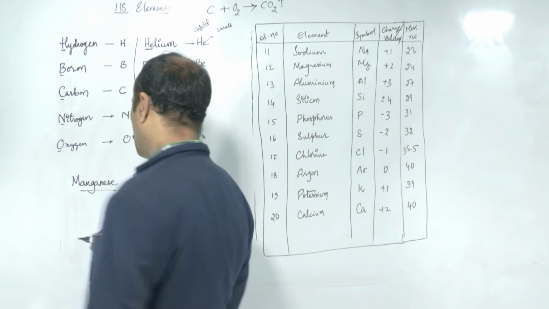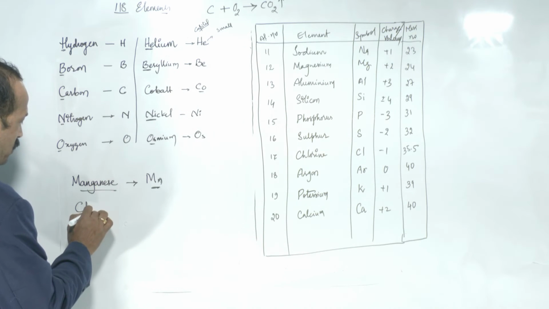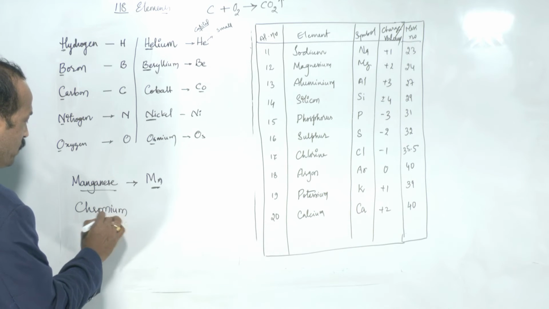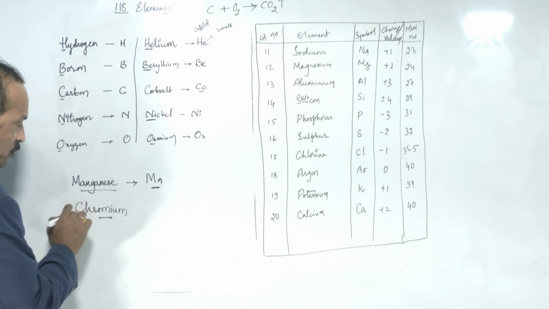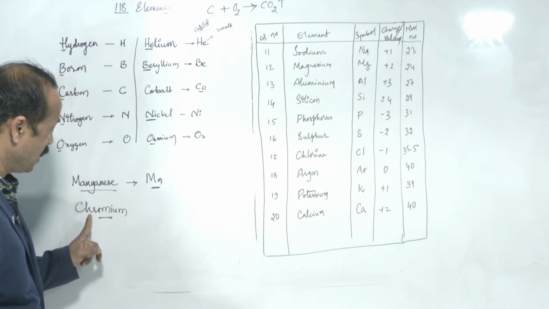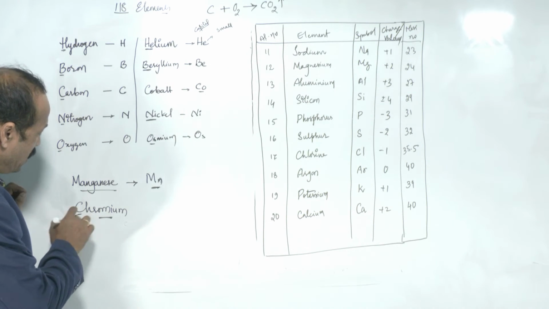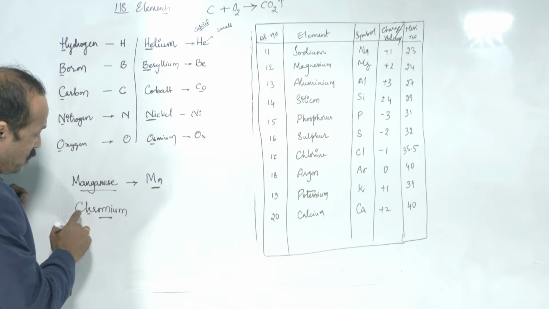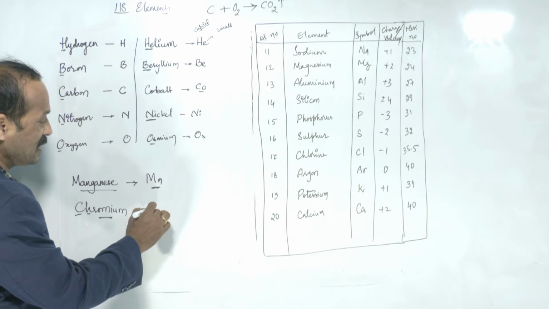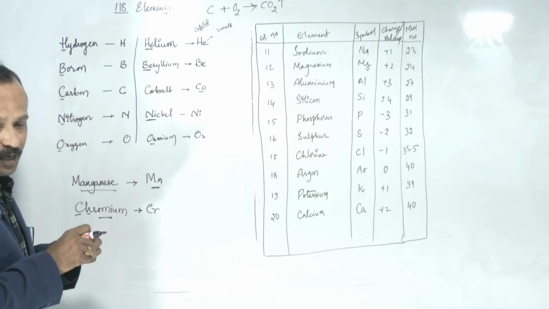For example, see, chromium is there. Chromium is one element with atomic number 24. But here C is already given. And your next letter is H. So the symbol is not Ch for chromium, but the symbol is Cr. So some prominent letter is taken. Prominent means what?